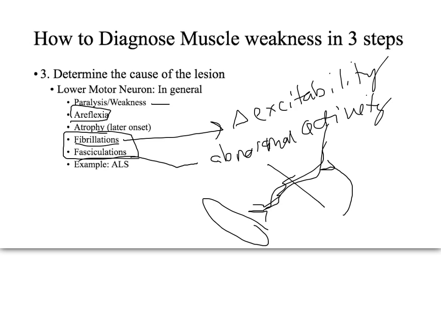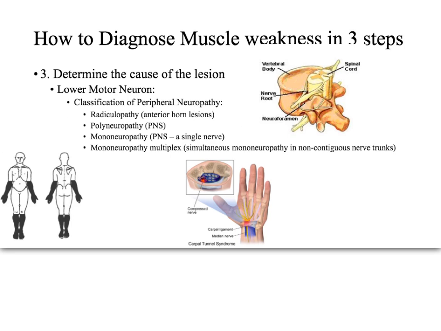Quickly, an example of a lower motor neuron lesion would be amyotrophic lateral sclerosis. Lower motor neuron lesions are classified as peripheral neuropathy. Now you're going to see that not all of these are in the peripheral nervous system. Specifically, radiculopathies are lesions inside the anterior horn.